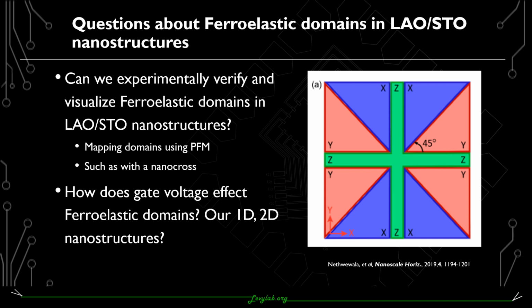Specifically, we want to know, can we experimentally verify and visualize these domains? Using nanodevices, which we have only hypothesized domains for, such as with a nanocross, can we map that specifically? And moreover, we want to understand how does gate voltage affect these ferroelastic domain structures? How does gate voltage affect our 1D to 2D nanostructures also?